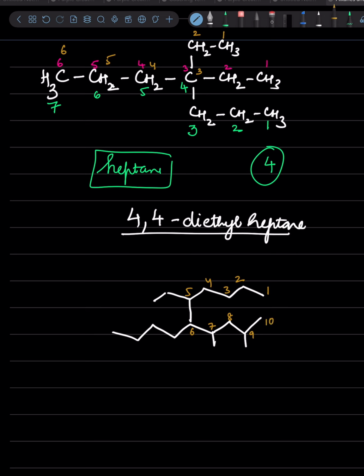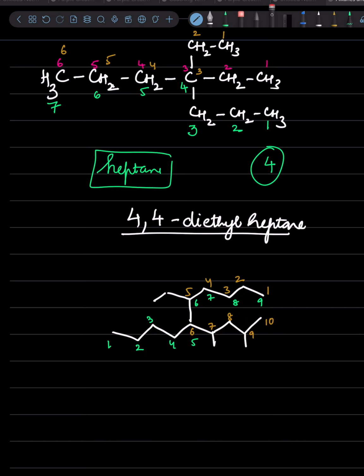Is there any other way? Let's see. Can we start from this side? 1, 2, 3, 4, 5, 6, 7, 8, 9. If we go onto this side with the green one, 1 to 9, it's also giving me 9.